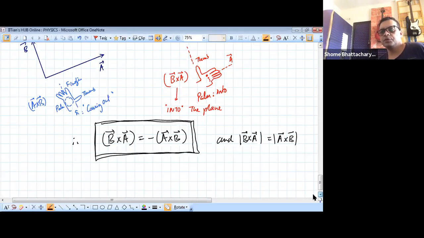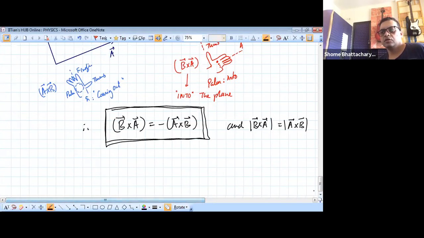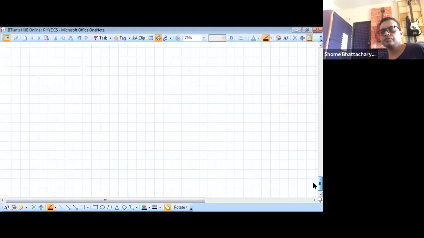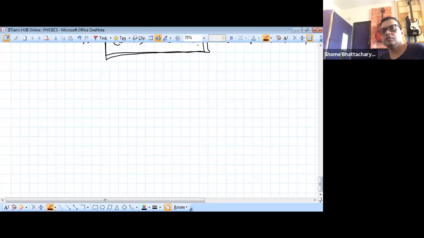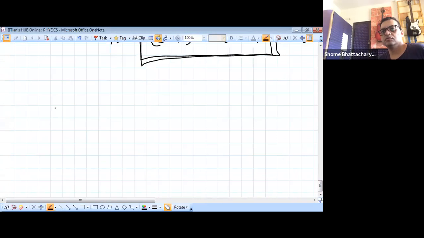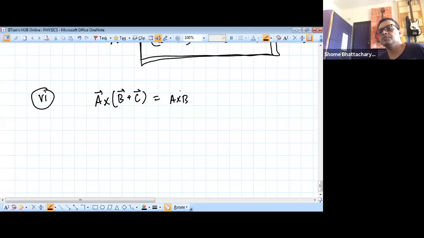Now moving on to the next property of cross product. If we do this operation, A cross of B plus C, we can express it as A cross B plus A cross C. This is what is called the distributive property.